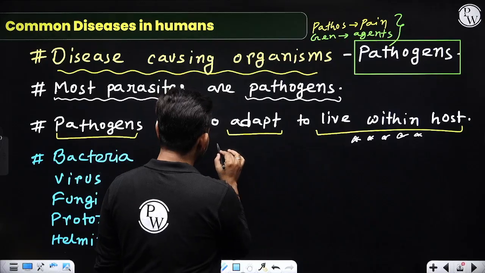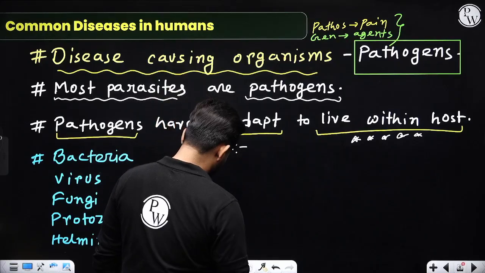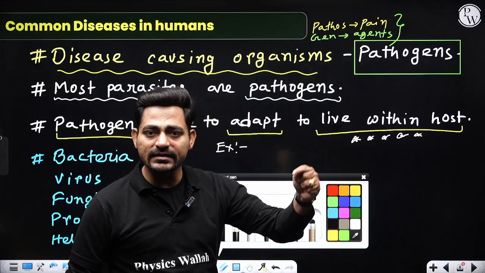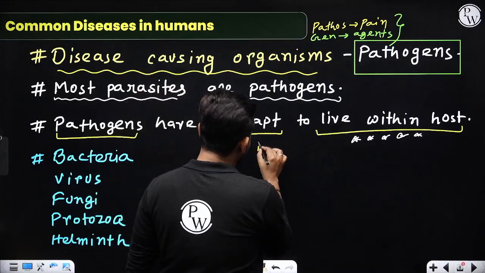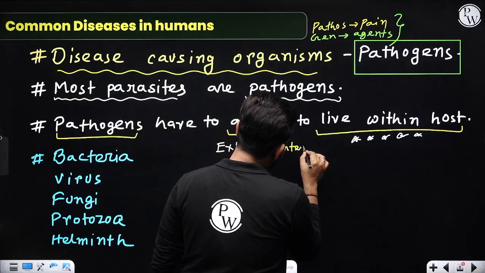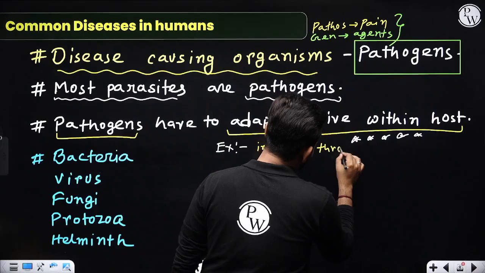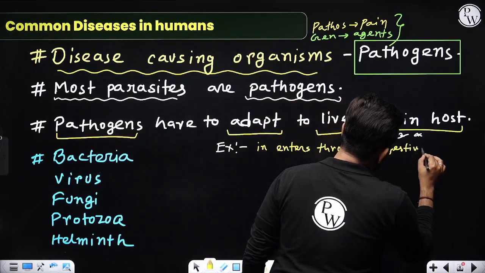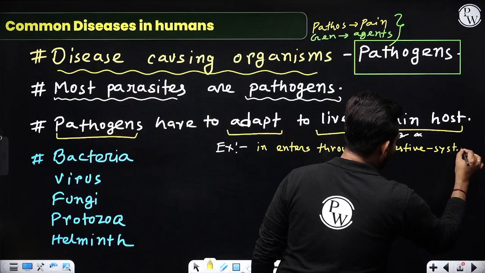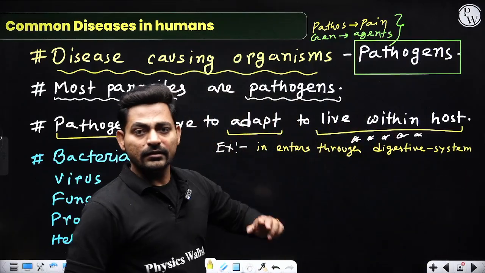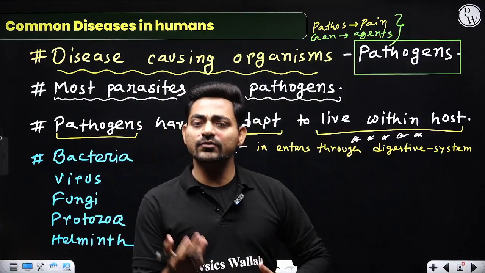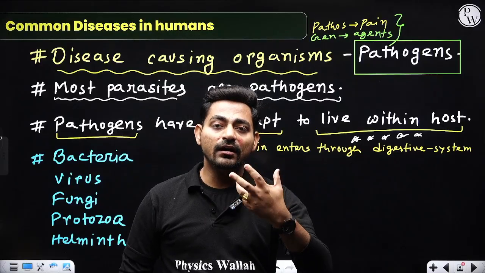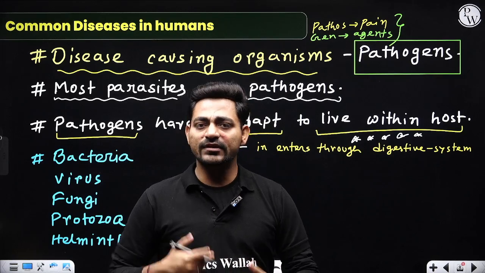Some examples I am telling: if a particular pathogen enters through the digestive system or alimentary canal, then there are certain barriers which will try to kill that parasite or pathogen, like HCl, alkaline juices, or the enzymatic activities of our digestive system.